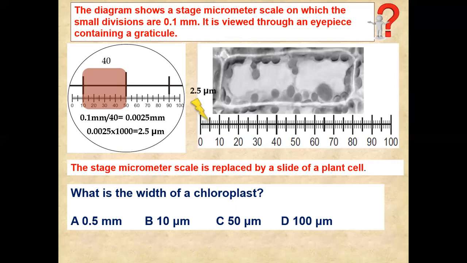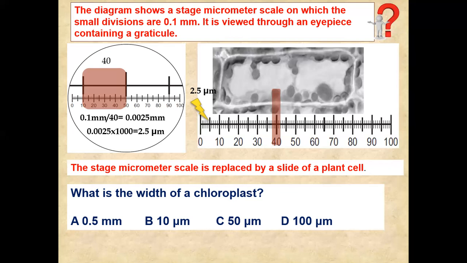So in this procedure, first we measure the smallest unit of the eyepiece reticule. After that, we replace the stage micrometer with the slide of a plant cell. This plant cell slide contains small chloroplasts. We shall select any chloroplast from the plant cell, for example this one, and with the help of the eyepiece reticule, measure the width of one chloroplast.